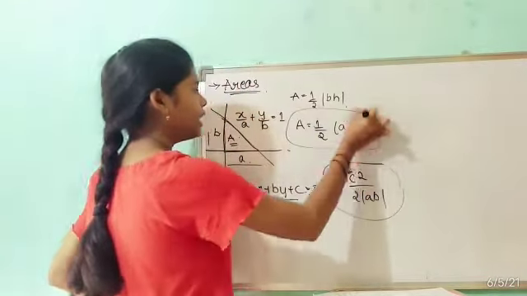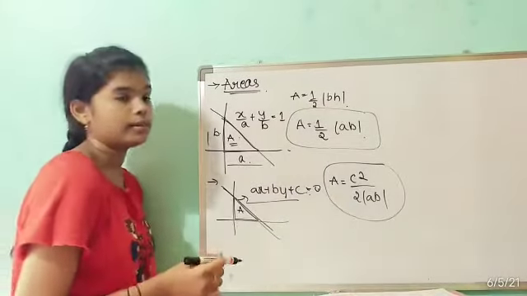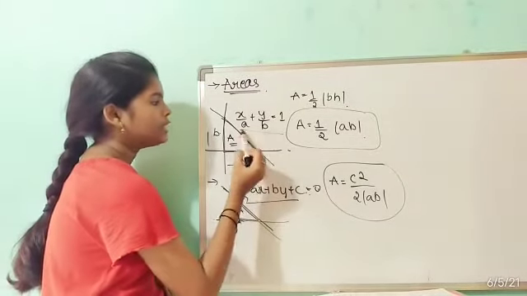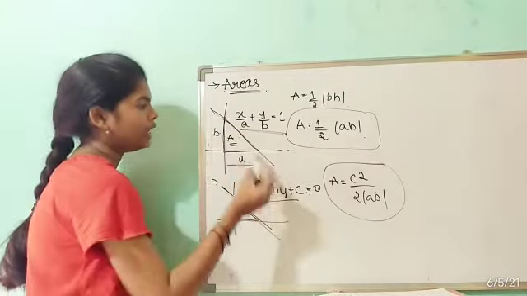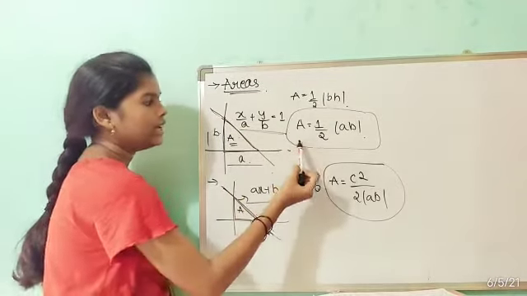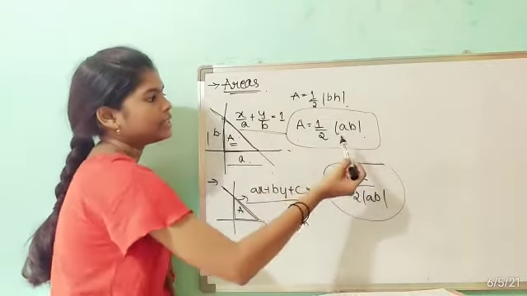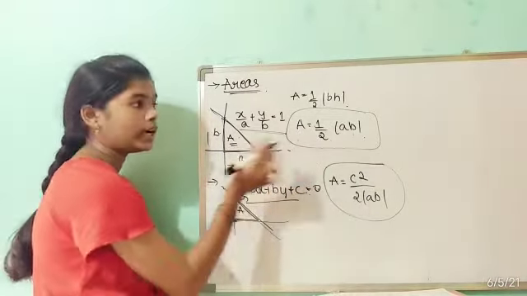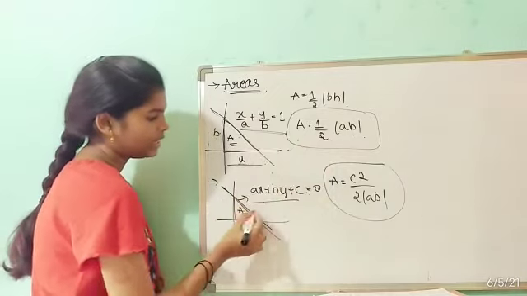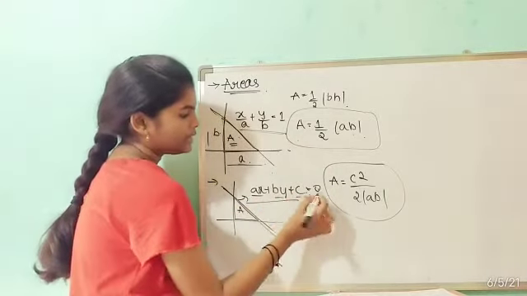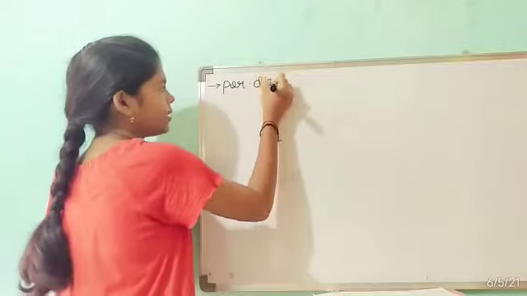So these two are the areas which you have to remember. For an intercept line which forms a closed area with the coordinate axis, the area of the triangle is half into breadth into height, which is nothing but x-intercept into y-intercept.